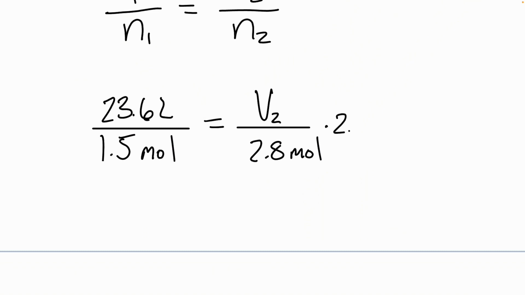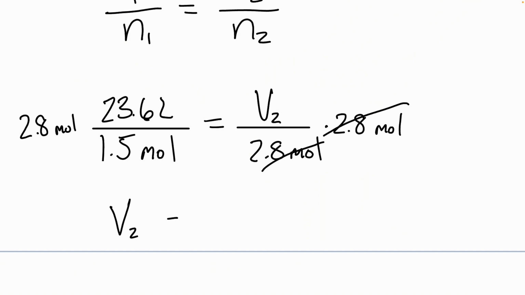If I multiply both sides by that 2.8 moles, it'll cancel out over here. And so my final answer, my V2, is equal to 44, rounded to the correct number of sig figs, I should have 2 liters.